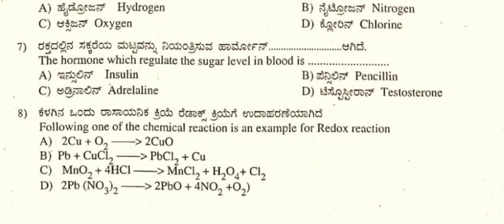So losing negative ion is also reduction. Gaining negative ion is oxidation. As per this B, Pb is getting oxidized to PbCl2 and CuCl2 is losing the chlorine and becoming Cu. And B option can be the example for redox process.